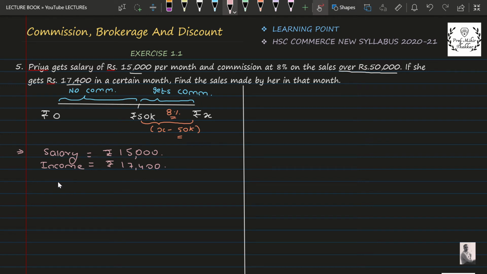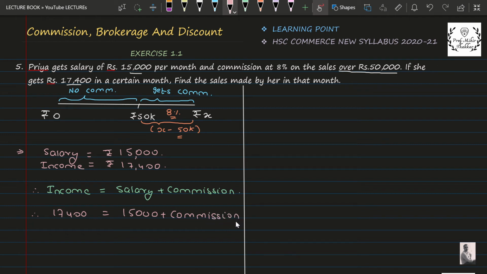So in such a case, I can say a very important formula which I had given in the beginning: income is equal to salary plus commission. So according to that, I can say 17,400 is equal to 15,000 plus commission.